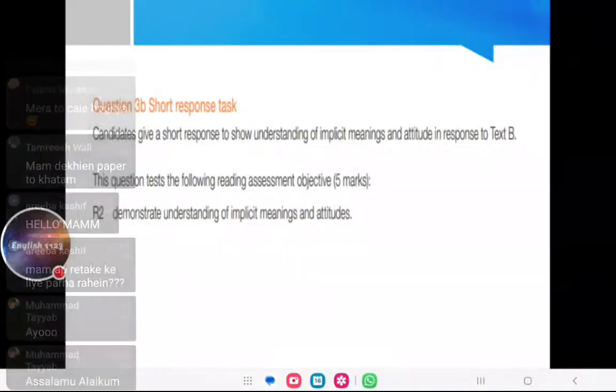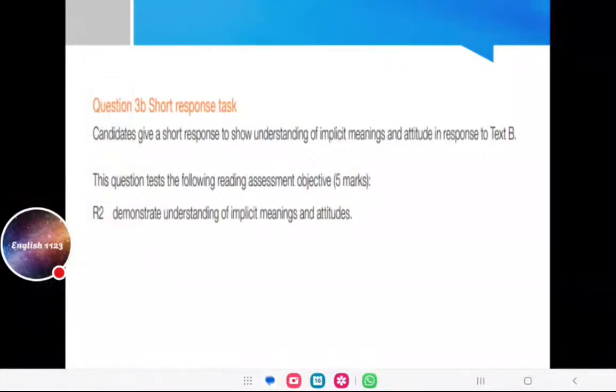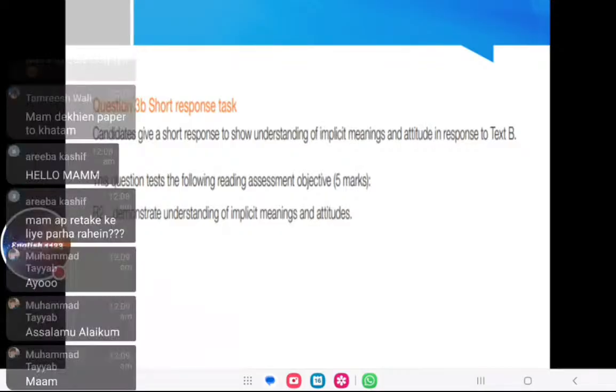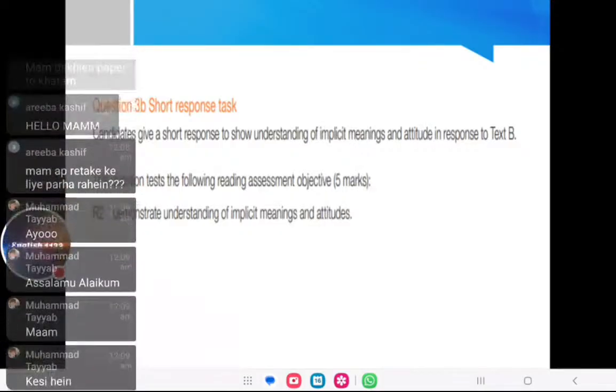We have seen that question 3A demands the demonstration of explicit ideas. Explicit means something that is clearly written there. Whereas part 3B requires the understanding of implicit meaning.